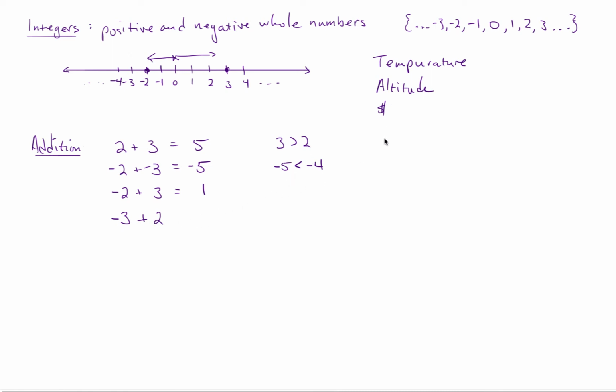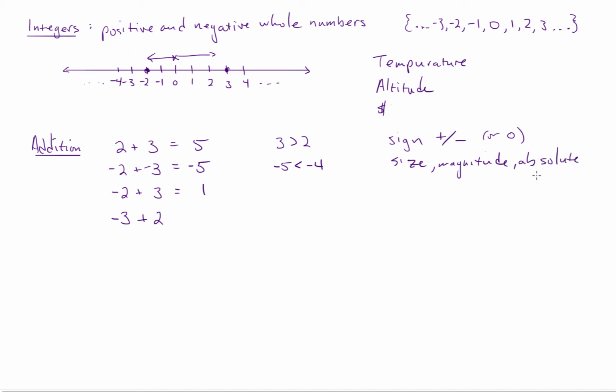Remember, every integer has a sign and a size. The sign is positive or negative, or it could be 0, right? And the size is also known as the magnitude or the absolute value, sometimes a word that we use.